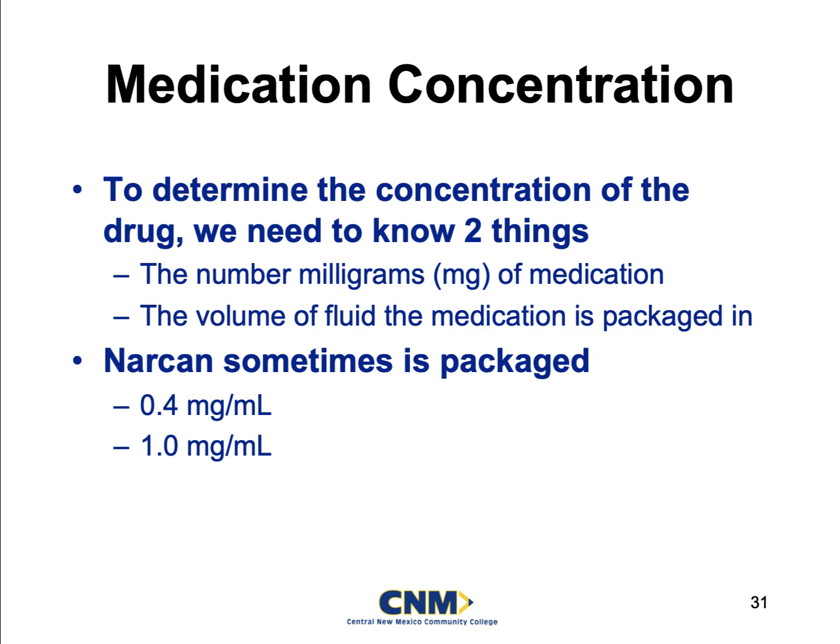However, in the next one, if I have 1.0 milligram in 1 milliliter and I want 0.4 milligrams of Narcan, then I need to pull up 0.4 milligrams out of the 1.0 milligram in 1 milliliter. So if I wanted 0.4 milligrams coming out of the 1.0 milligram per 1 milliliter, I would want to pull out 0.4 milliliters.